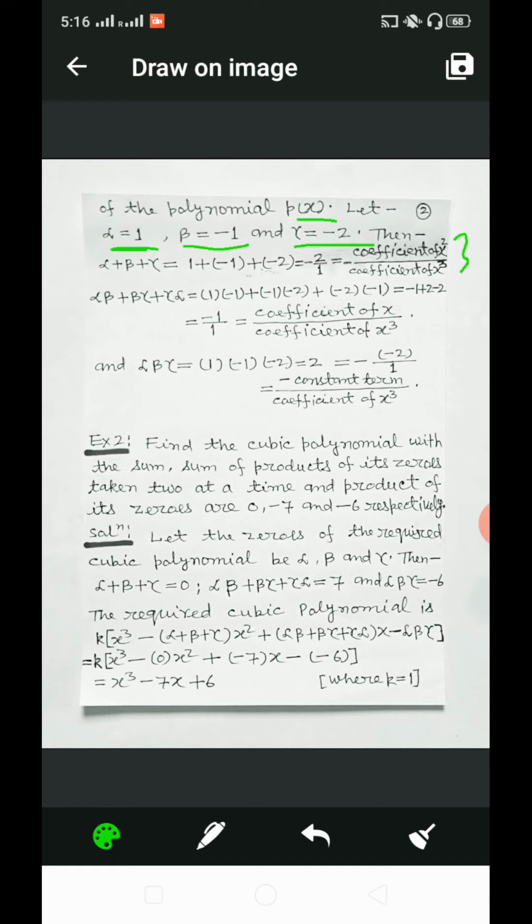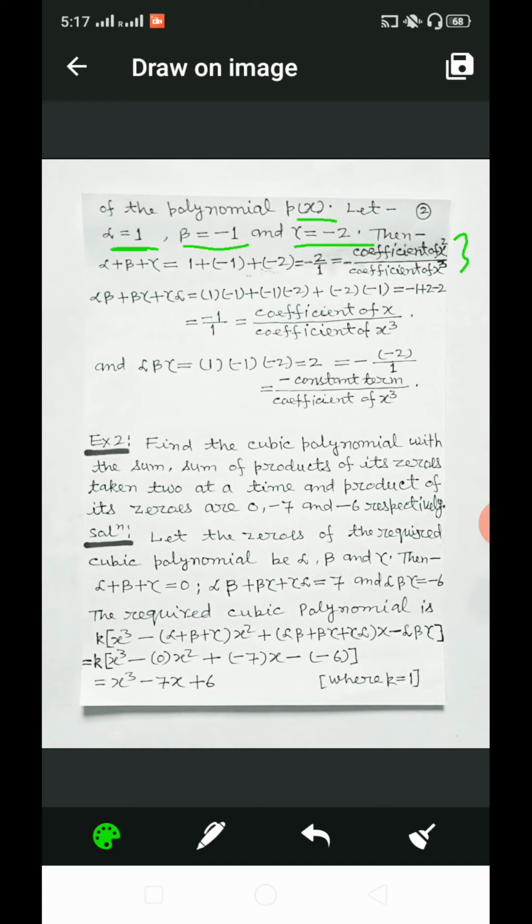Alpha beta plus beta gamma plus gamma alpha equal to 1 into (minus 1) plus (minus 1) into (minus 2) plus (minus 2) into 1, and after solving we get minus 1, and minus 1 can be written as minus 1 by 1.